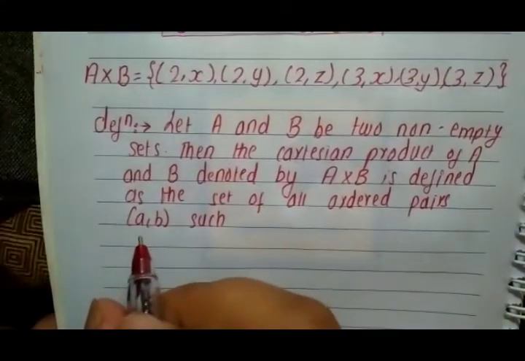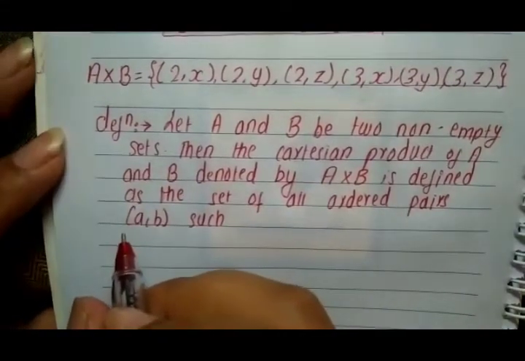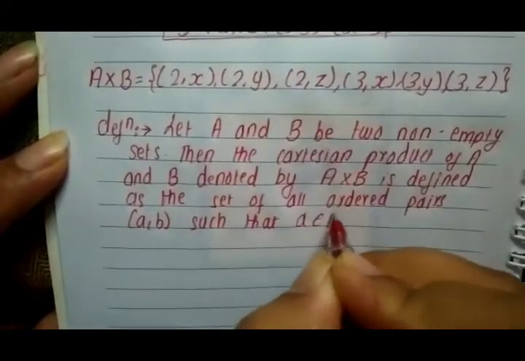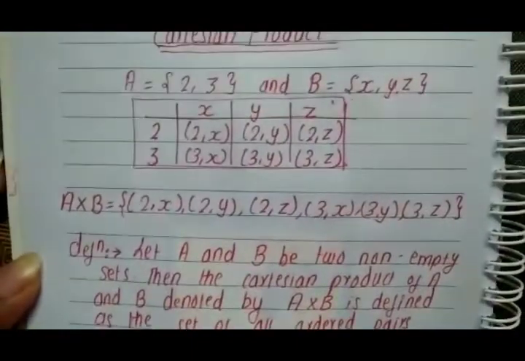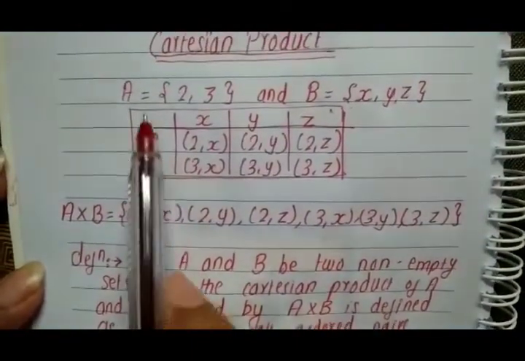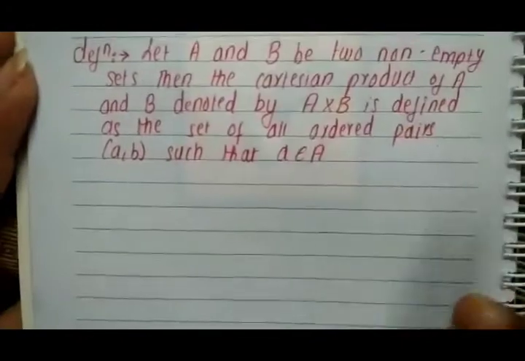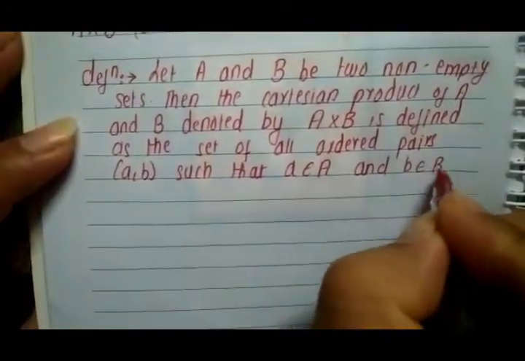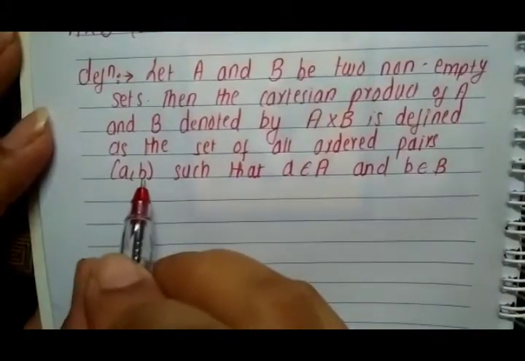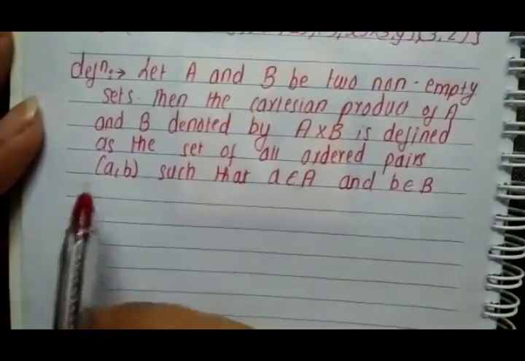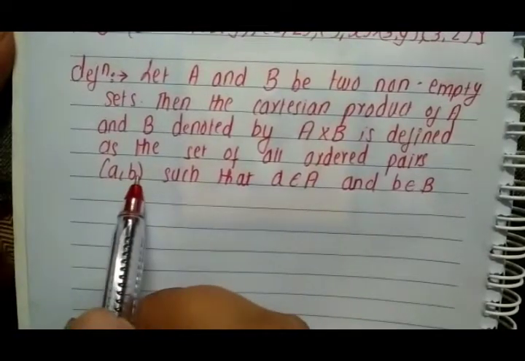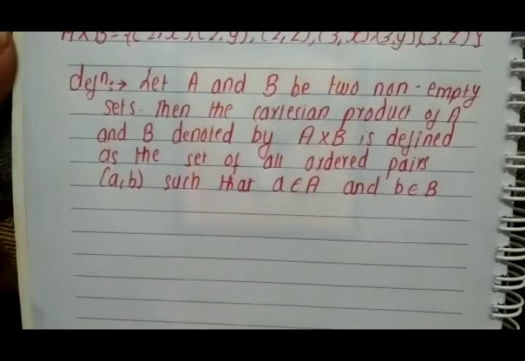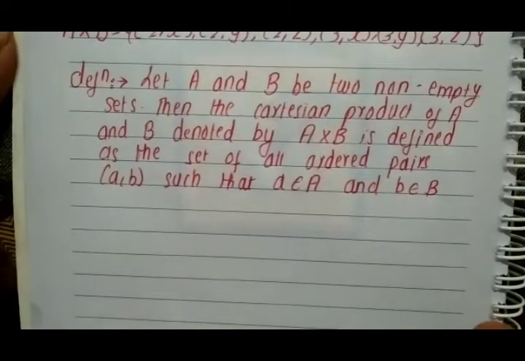We have supposed it as A comma B, such that A belongs to the set A and B belongs to the set B. Like this element A comma B we will form, where this A will be from set A and this B will be from set B. So this is the proper definition of Cartesian product.